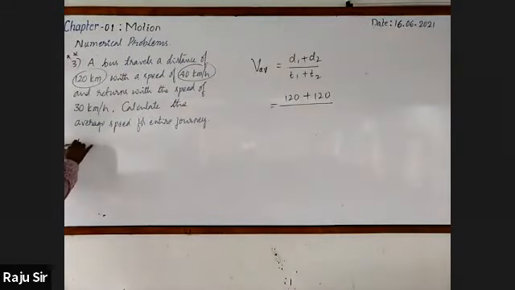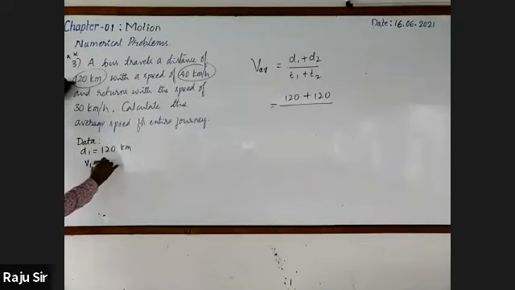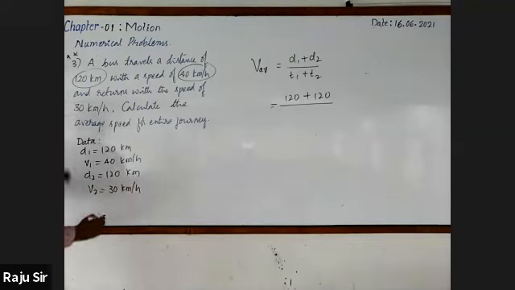Now you go on writing. Start writing from here. It is D1. D1 is 120 kilometer. Next, V1. It is 40 kilometer per hour. Next, D2. It is 120 kilometer. V2. It is 30 kilometer per hour.